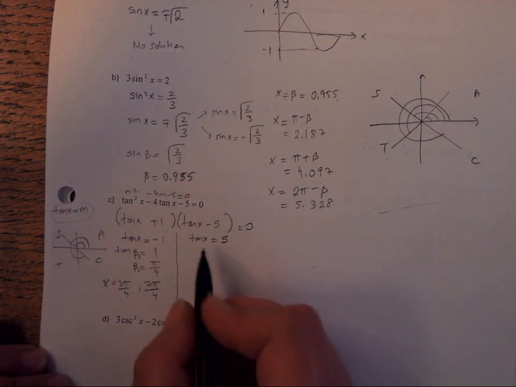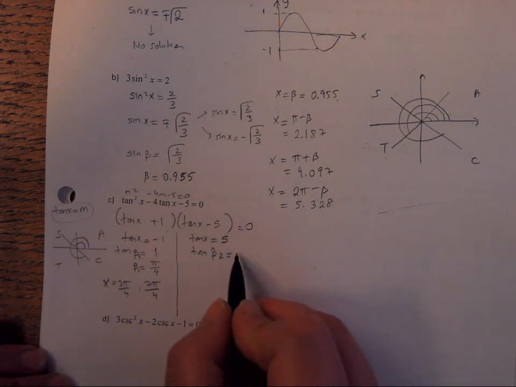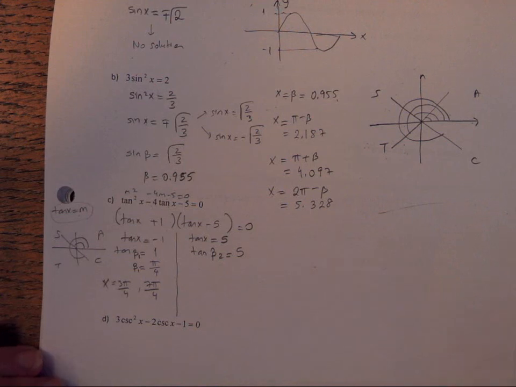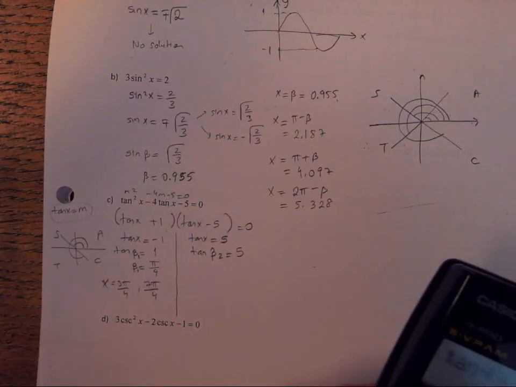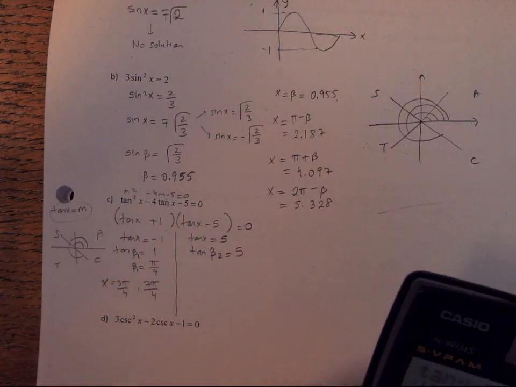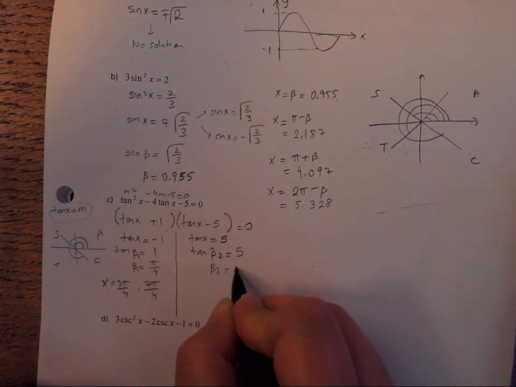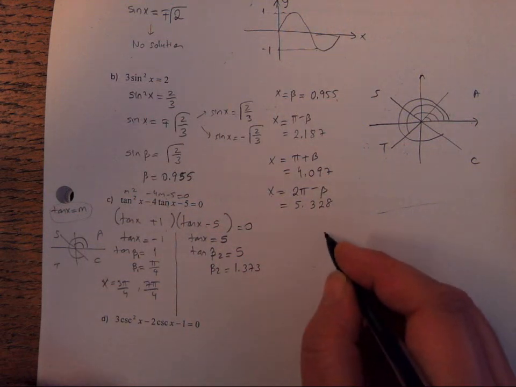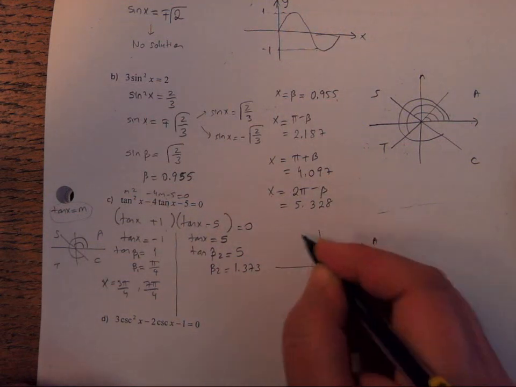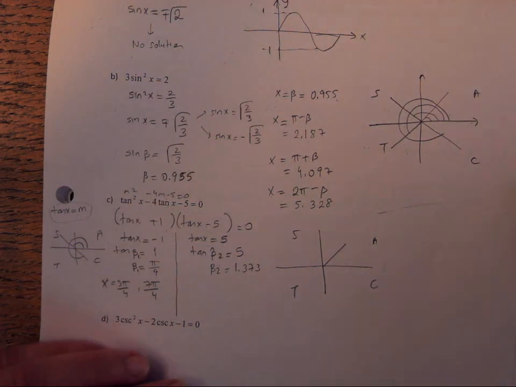Now let's look at this one. We have tangent beta 2 equals 5. This is not a special angle, so we have to do tan inverse 5. That gives us 1.373, so beta 2 is 1.373. Let's sketch this angle again. Tan x equals positive 5, so we need to check where tangent is positive.